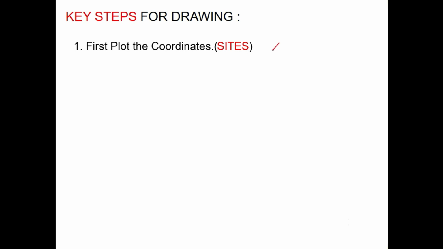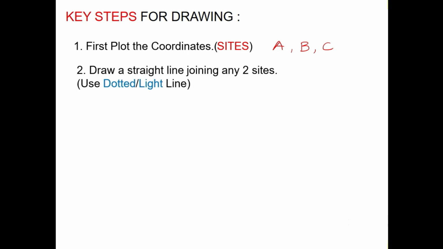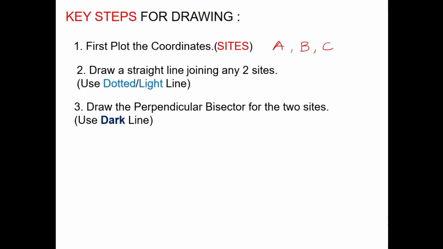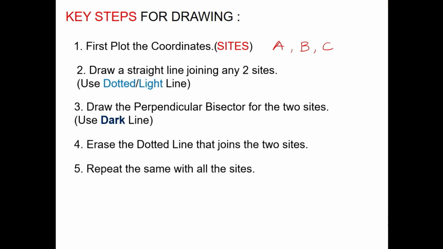In this question, we mark the coordinates A, B, and C, the current 3 schools. Step 2: draw a straight line joining any 2 sides, using dotted or light lines. Step 3: draw the perpendicular bisector for the 2 sides, using a dark line. Then erase the dotted line that joins the 2 sides and repeat the same for all the sides to complete the Voronoi diagram.